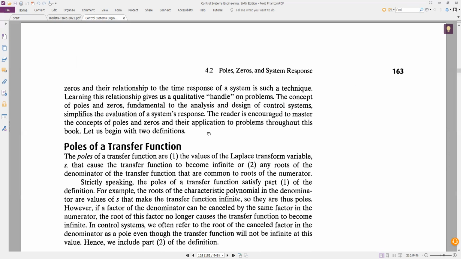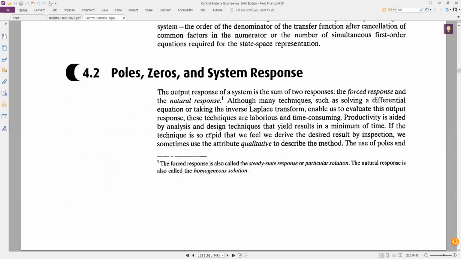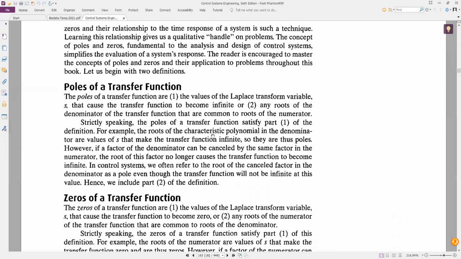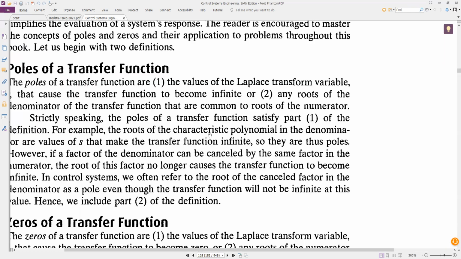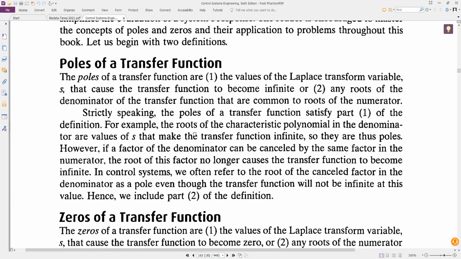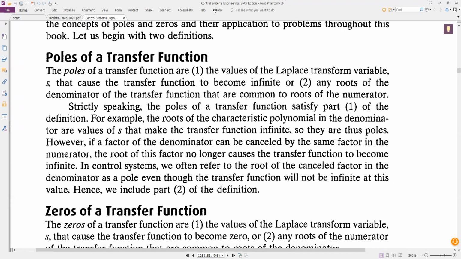So first of all, we need to know the concept of poles and zeros. Here there is a definition of poles. The poles of a transfer function are the values of the Laplace transform variable s that cause the transfer function to become infinite. That is the definition.